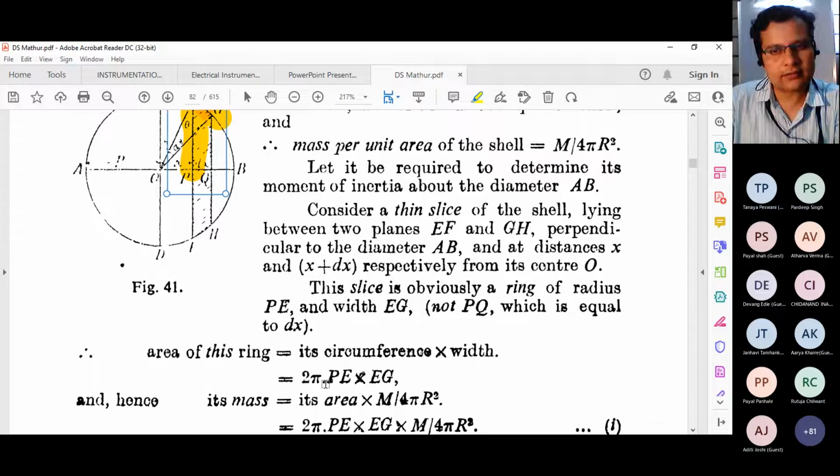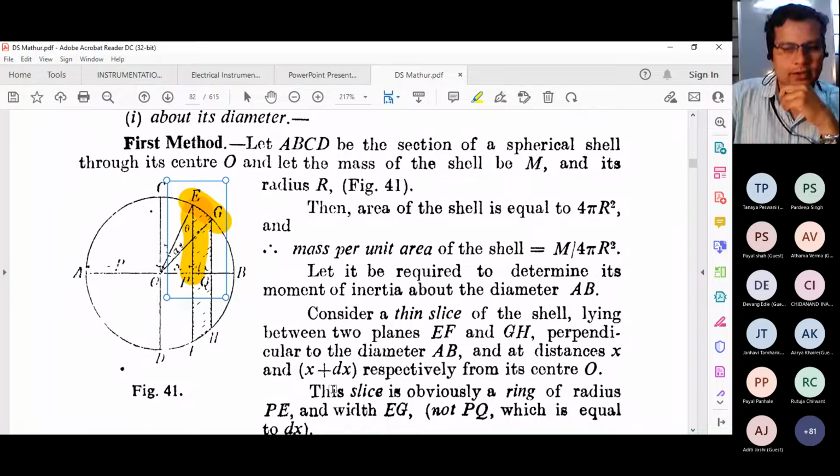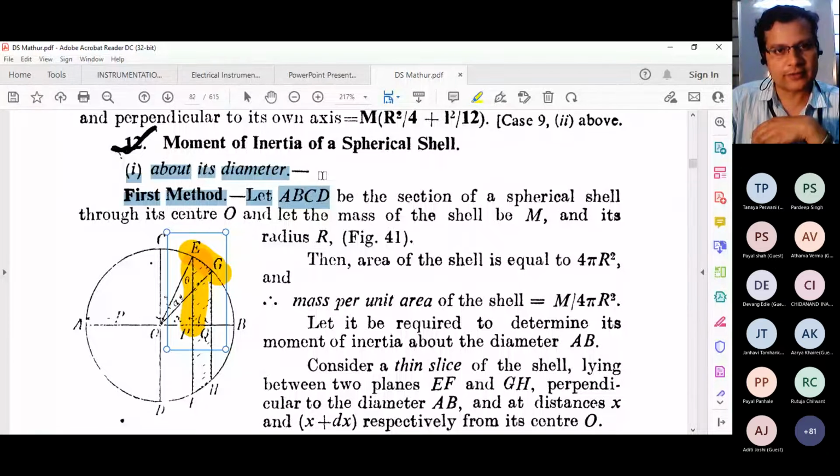Yes. So can you please explain it once more? Okay, so just like we consider here to determine the moment of inertia of a spherical shell, which is a symmetrical body again. Here we are considering finding the moment of inertia of such a spherical shell about its diameter or about its tangent. In the first case we are studying the moment of inertia about its diameter.